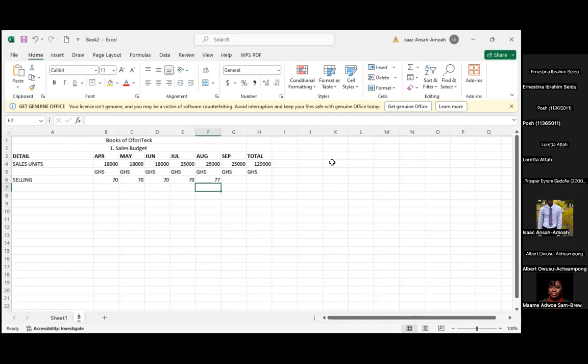In other workings, you were saying that it's 10% multiplied by 70 cedis plus 70 cedis.